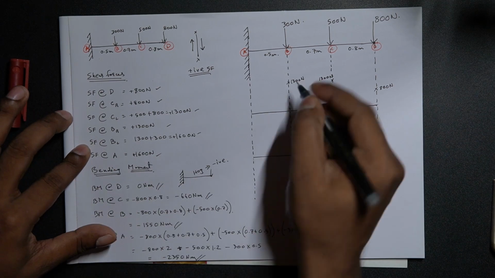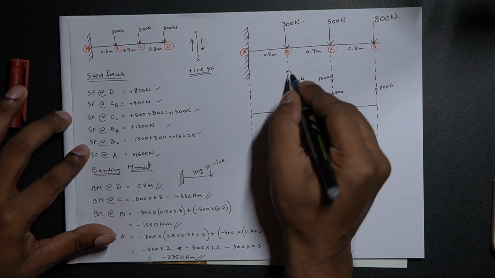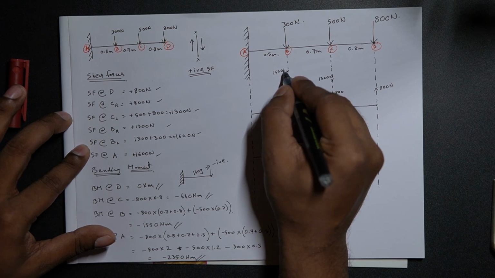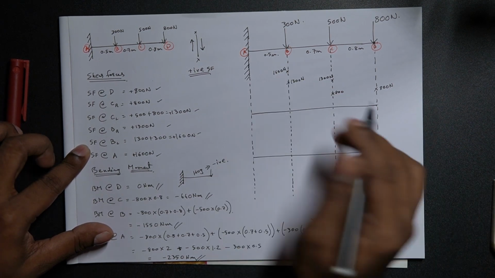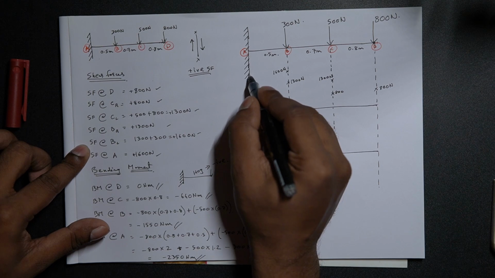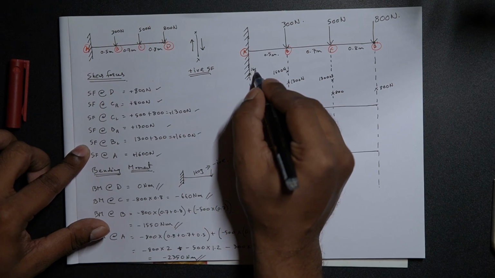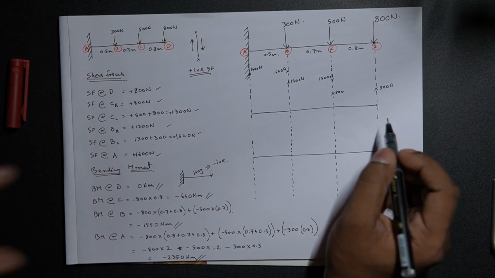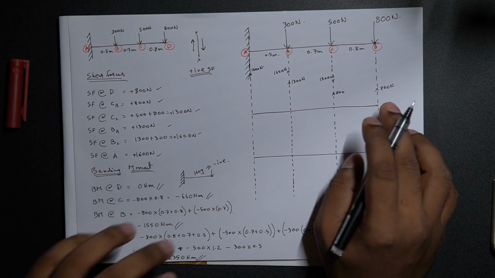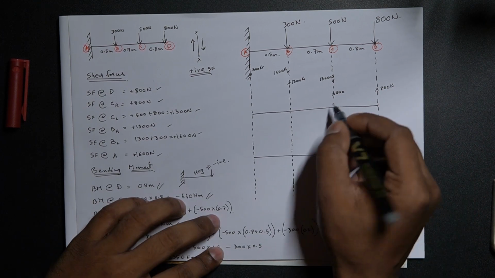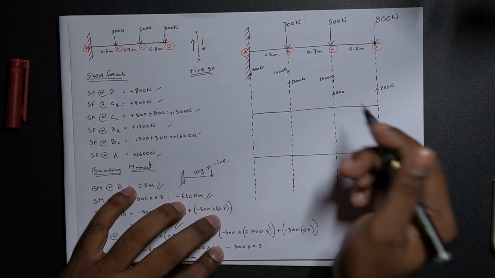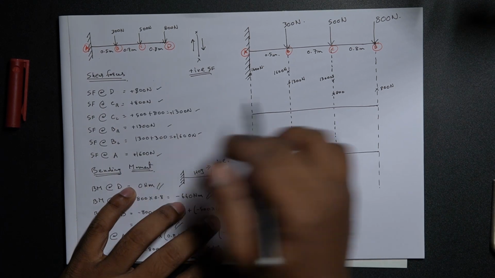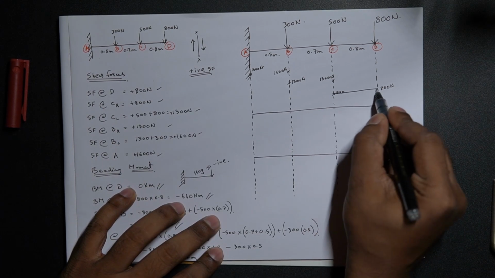Shear force to the left of B, we have 1600 newtons here. And lastly, shear force at point A, we have 1600 newtons. So now that we have marked all the shear force points with respect to the data which we have, let us just join all the points.